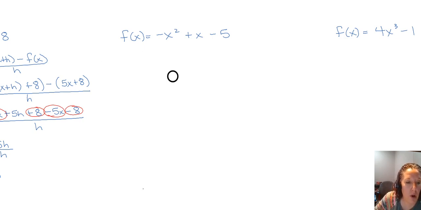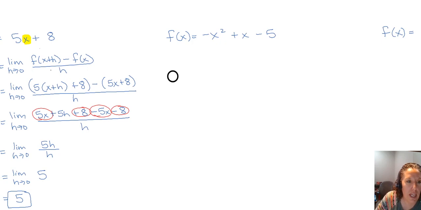We're going to do the same approach. We're going to plug into this same formula here. Our derivative is going to be, the only difference is we now have two x's. We're going to replace both of those x's. Now we do need to make sure and follow order of operations on this. This negative is on the outside of the square, so it will be on the outside of the square when we plug in the x plus h.